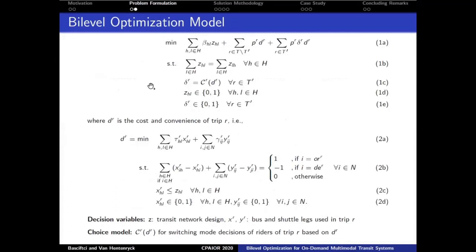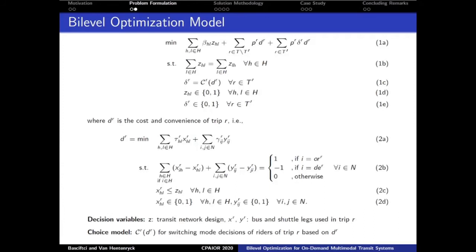The leader problem determines the transit network design with its decision variable z, the binary variable, and delta r represents the choice function, which depends on the cost and convenience of trip r, which is obtained by the follower problem. If we examine the follower problem, we can observe that it is in fact solving a shortest path problem from the origin to the destination of the trip using the arc weights considered in the objective.